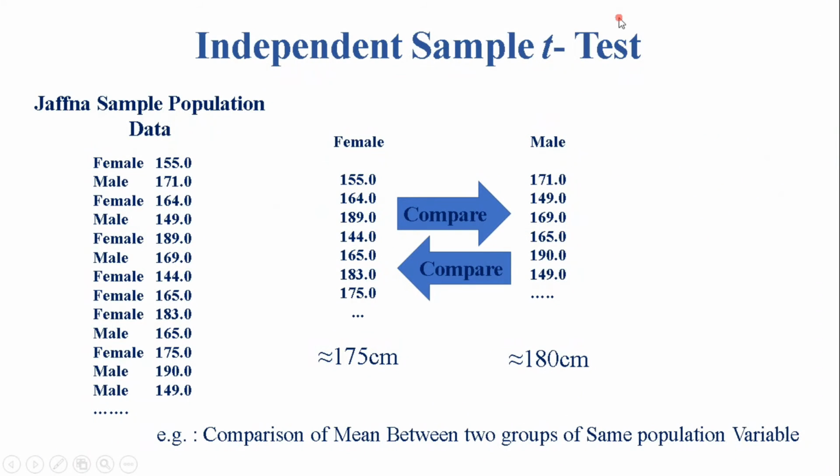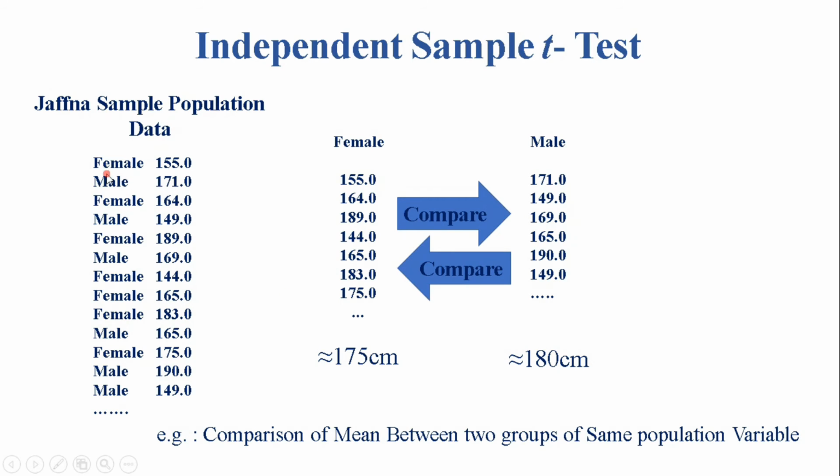Okay, the next one is the independent sample t-test. Independent sample t-test is somewhat different from the previous one. Let's say you have a sample population. Within that sample, there are two types of subjects.